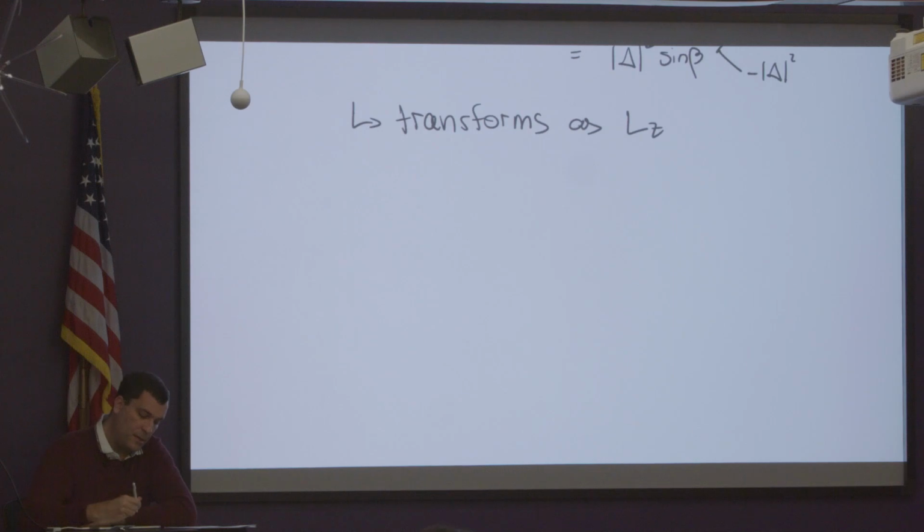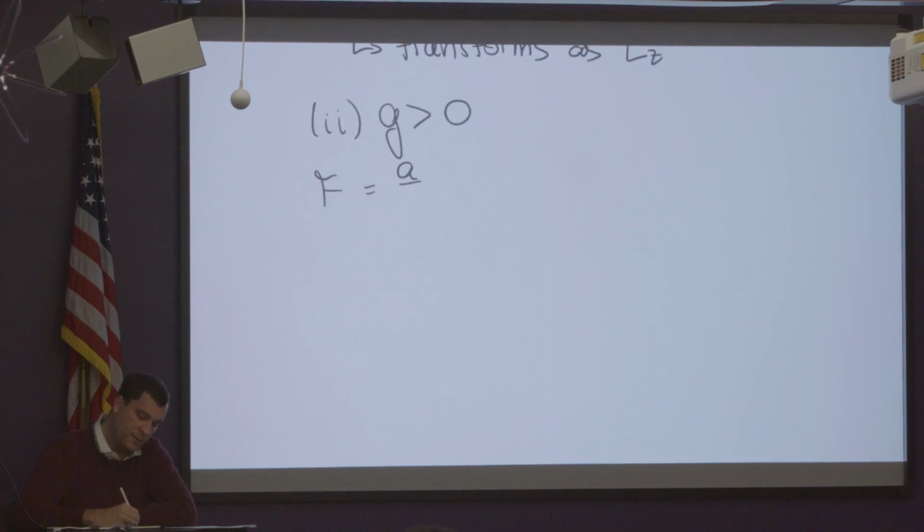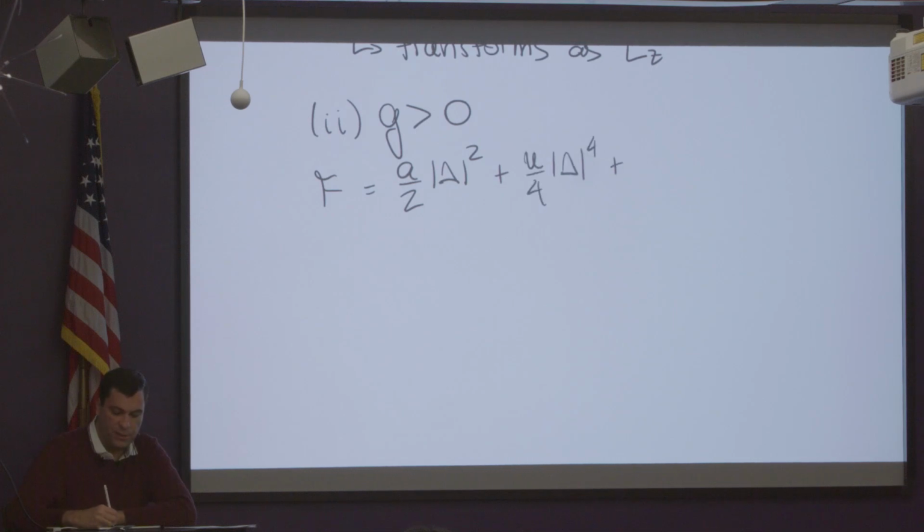Okay. Now let's look at the second case where G is positive. Let's just write down again the whole free energy. It was A over 2 delta squared plus U over 4 delta to the fourth plus G over 4 delta to the fourth, sine squared 2 alpha sine squared beta.